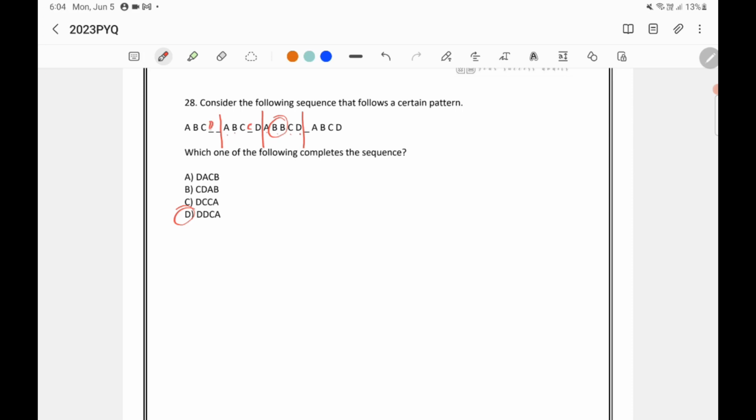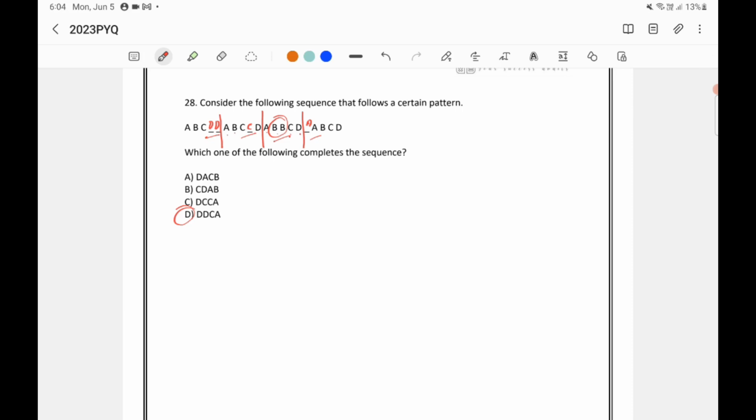If I write D here, there are 2 D's. And if I write A here, then there are 2 A's. So here there are 2D, here 2C, here 2B and here 2A. So this is also following a common sequence. Whether you divide it into 5 parts or 4 parts, you will get the answer.